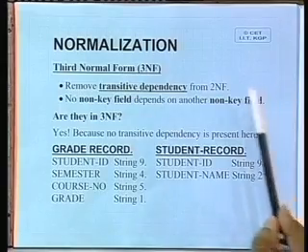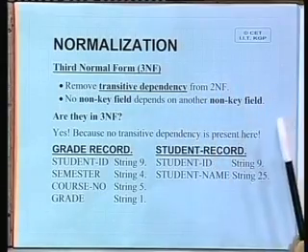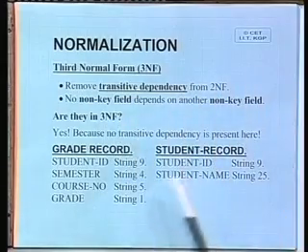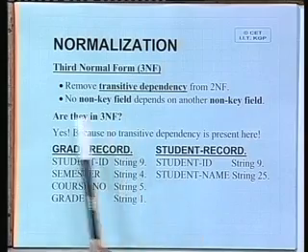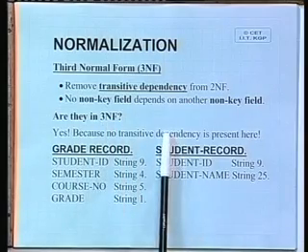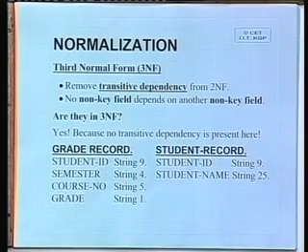To obtain third normal form from second normal form, we need to remove what is known as the transitive dependency. Now, what is the transitive dependency? That is, no non-key field should depend on another non-key field.